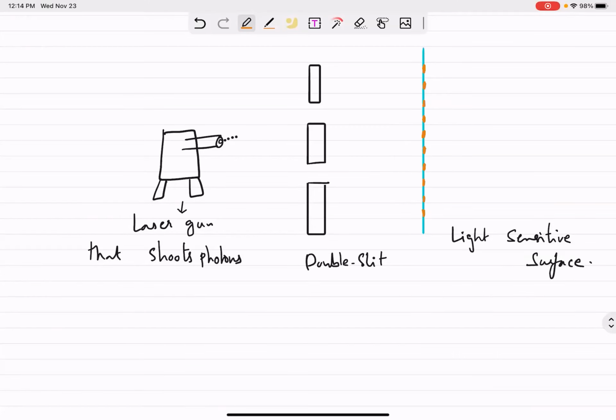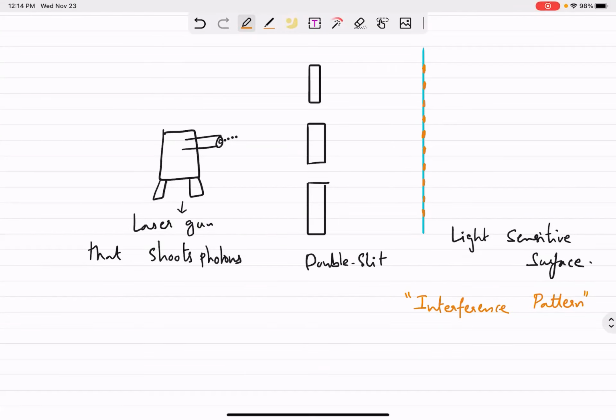So you see this quote unquote interference pattern. And this happens even when you make the laser gun precise enough that it's shooting exactly one photon at a time. You see the same thing happening.